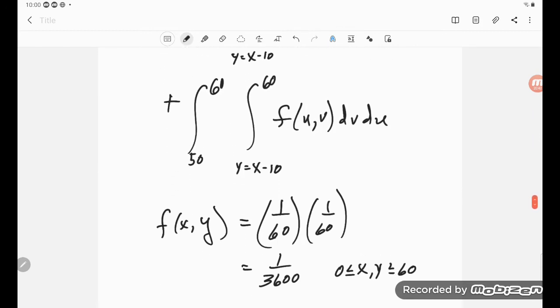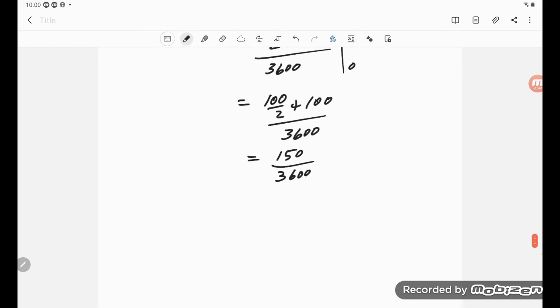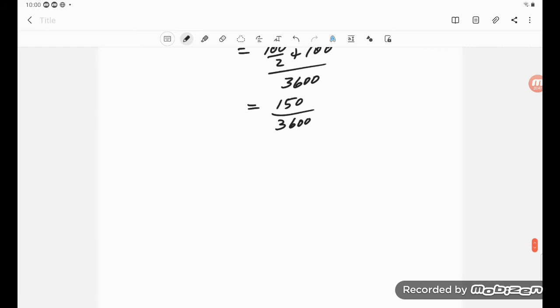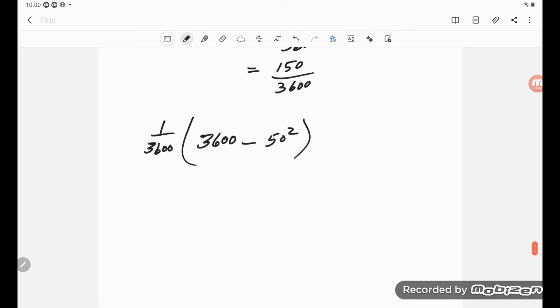So actually what I want is to take that 1 over 3600, and I'll do the full 3600, so really I'm taking 1, minus the 50 squared to get my area here, and then the volume when I multiply by that.